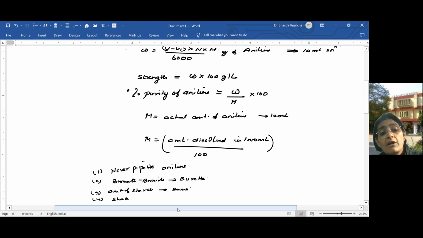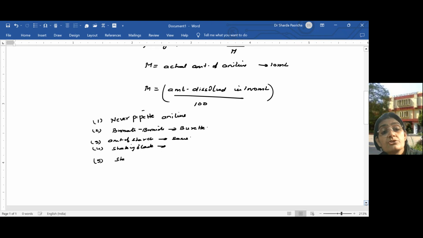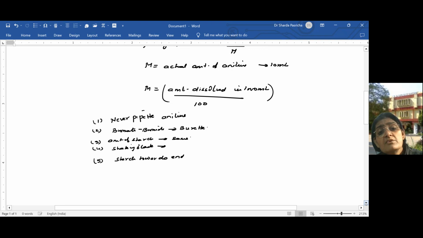Always keep shaking your flask when the titration is being performed, because we are talking of redox titration. And always add starch towards the end. This is because the starch is reacting with the iodine to give you that blue black complex.